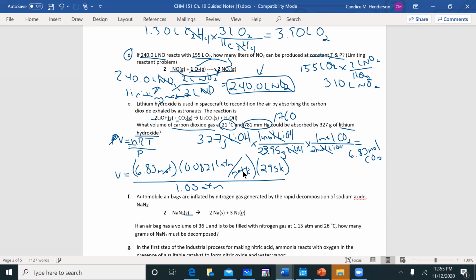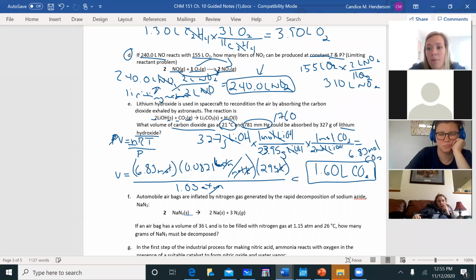Moles will cancel, Kelvins will cancel, atms will cancel, and we'll be left with, let me clear that up, that is supposed to be an L, liters. So this whole number here, 1.60 liters of CO2. Any questions on that one as far as how we got that? So you will be expected to combine gas laws and stoichiometry.